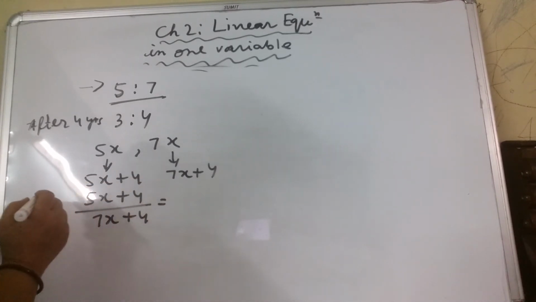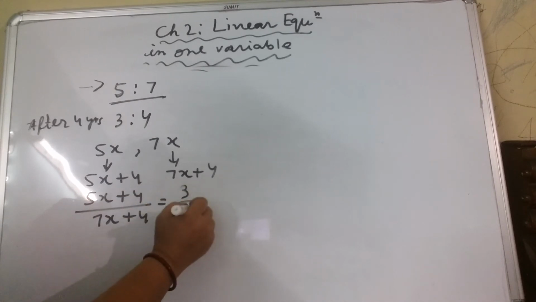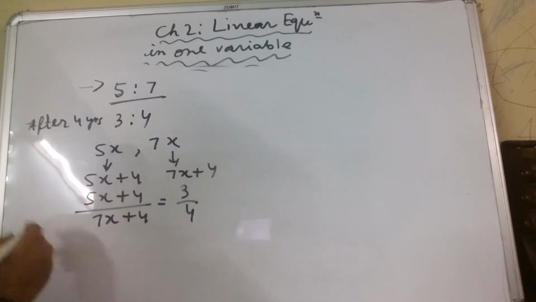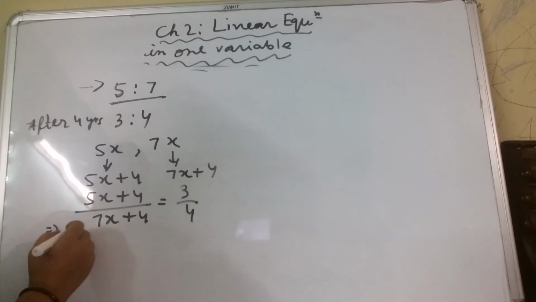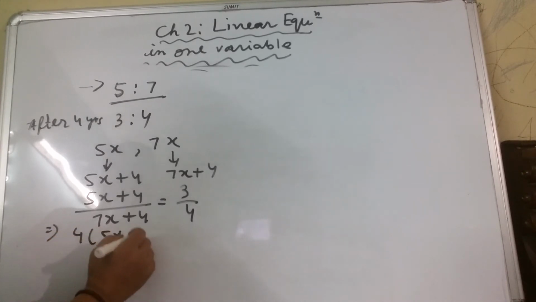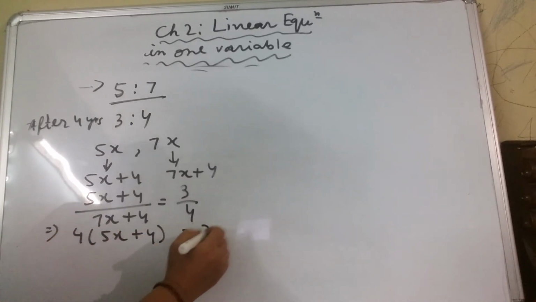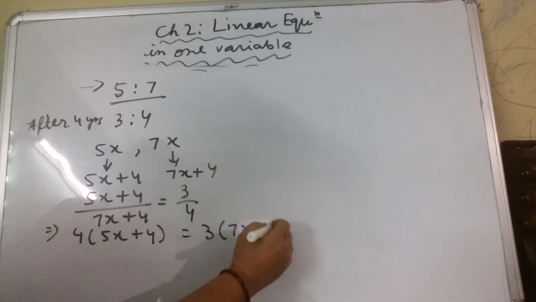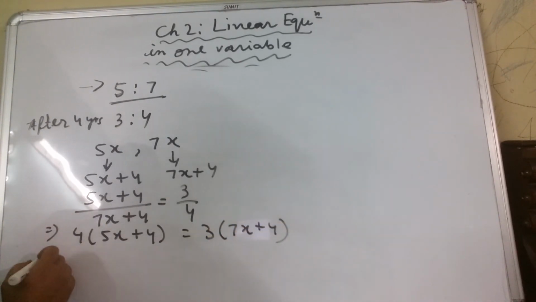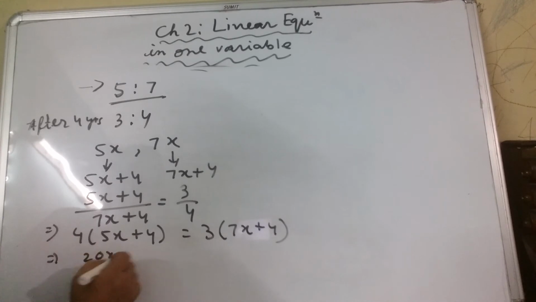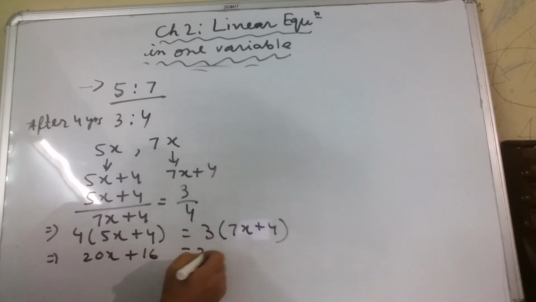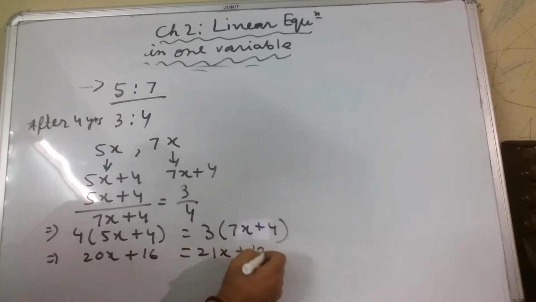According to the given condition, their ratio will be 3/4. Now you cross multiply: 4 into (5x + 4) equals 3 into (7x + 4). So 20x + 16 equals 21x + 12.